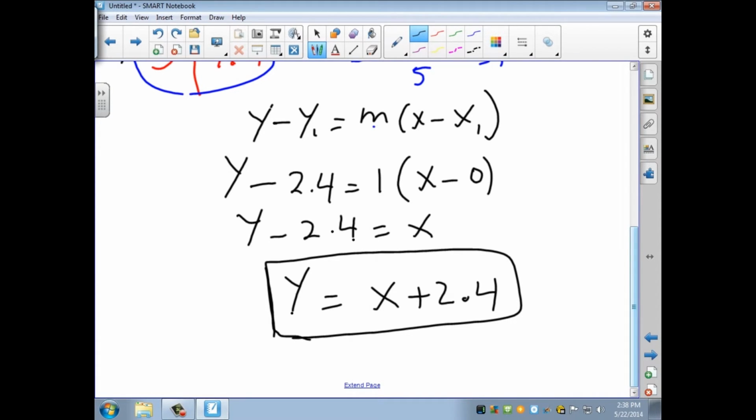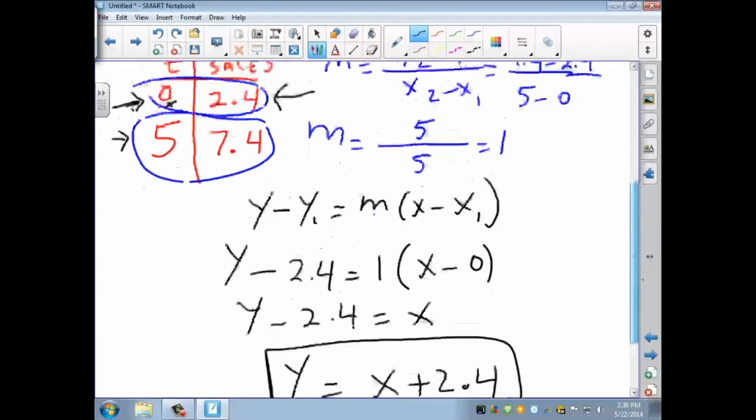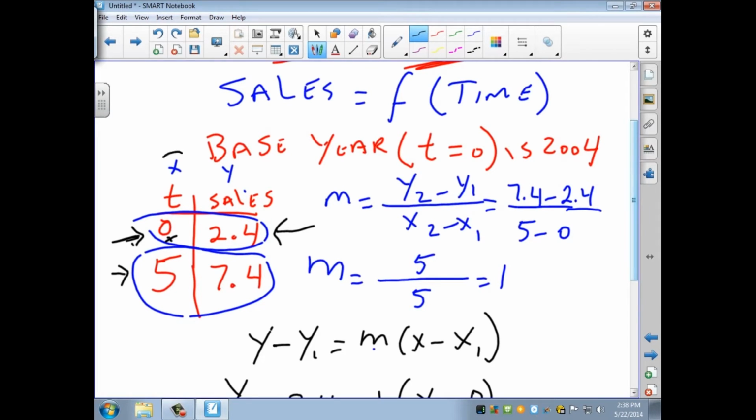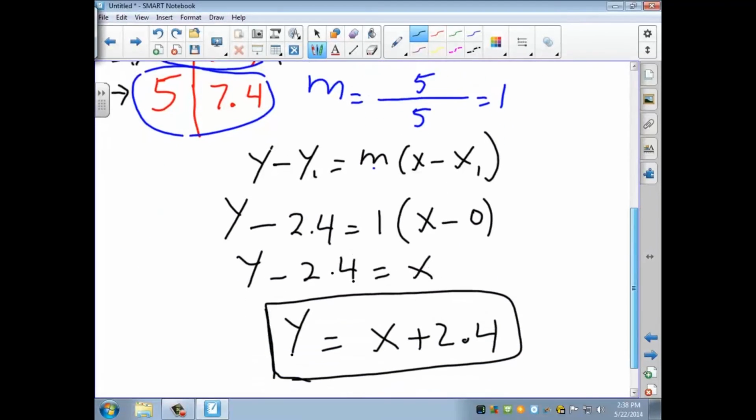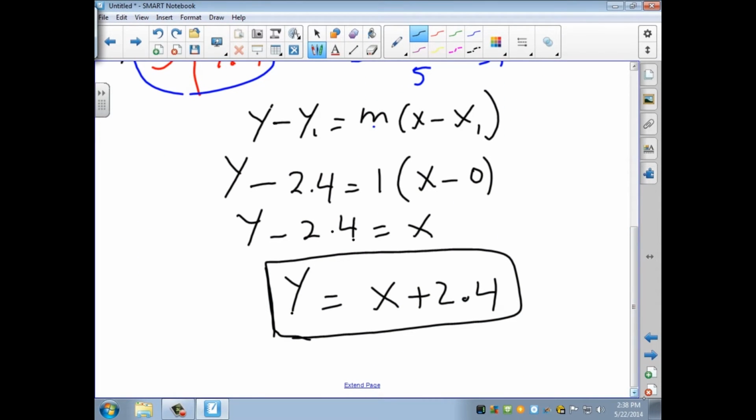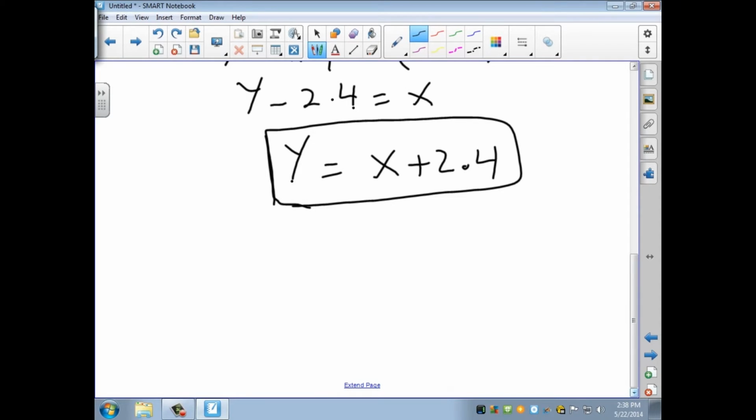Then the next question says, what were the sales in 2007? Again, understand that X is referring to time and Y is referring to sales. So in 2007, what is time? What is X?